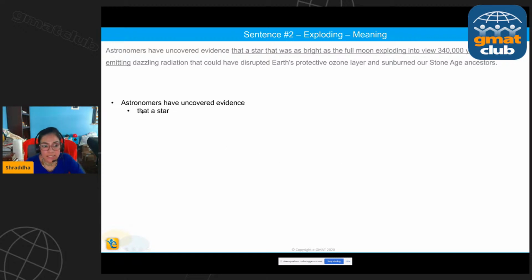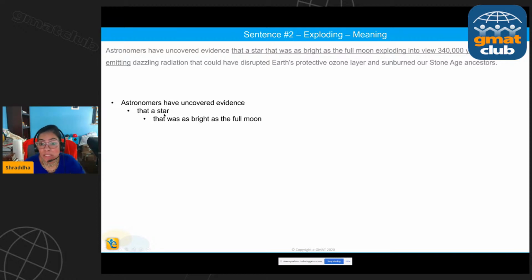So the sentence says astronomers have uncovered evidence. Okay, so some astronomers, they have uncovered some evidence. Now, probably the sentence will talk about that evidence. Let's read further, that a star. Okay, so probably this evidence is about this star. What about this star? That was as bright as the full moon.